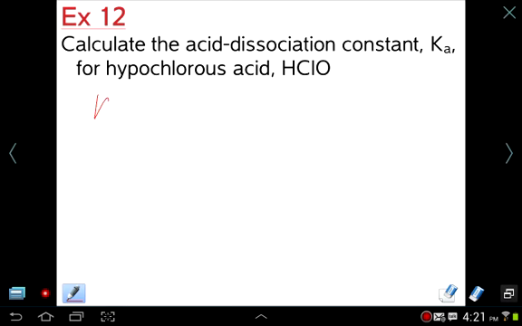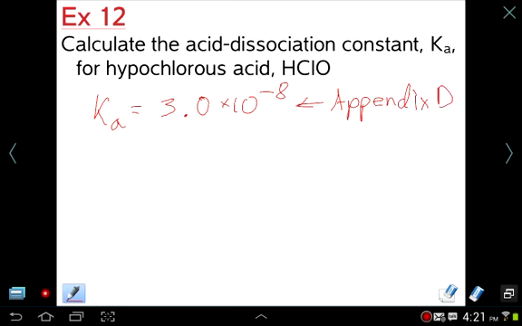The Ka of hypochlorous acid is given as 3.0 times 10 to the negative 8, from Appendix D in the back of the book.